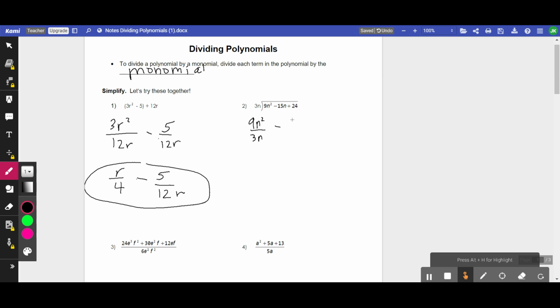Then you'll have your 15n divided by the 3n. And then your 24 divided by the 3n.